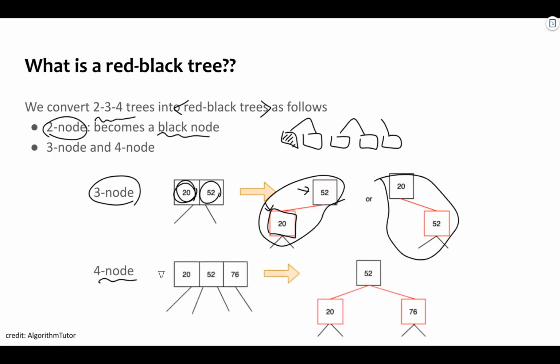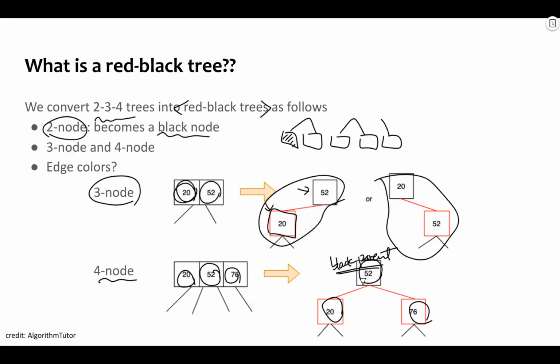And a 4 node becomes this architecture. As you can see here, the middle one, the center node, becomes the black parent node. And the left and right siblings become 2 red children of the center node.